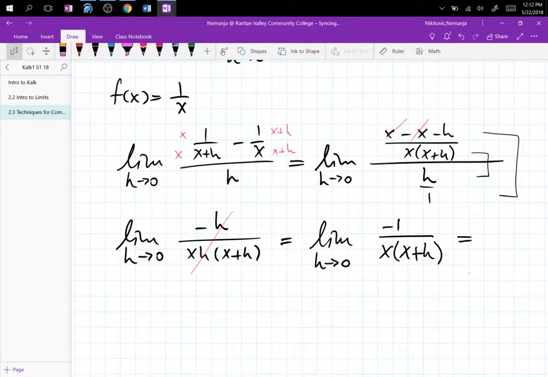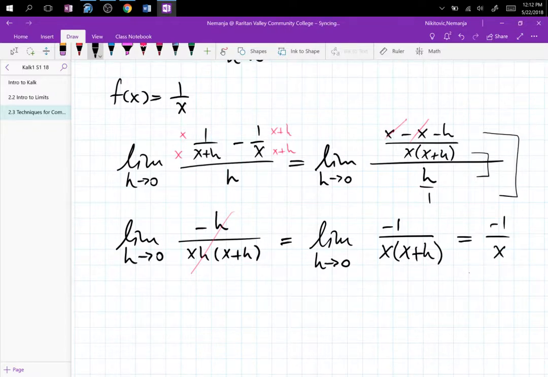What happens as h goes to 0? What do we get for the parenthesis over here as h goes to 0? x. So what's the answer?